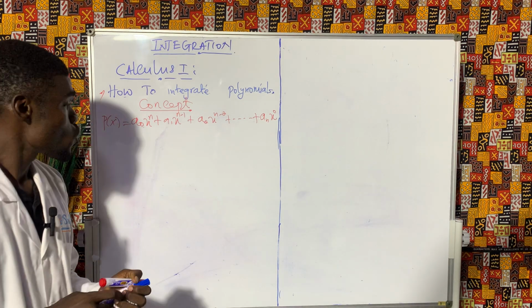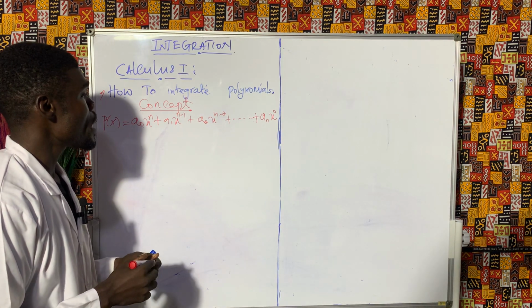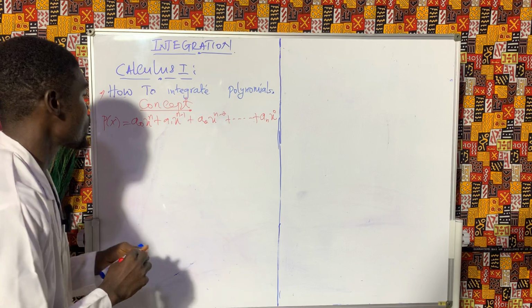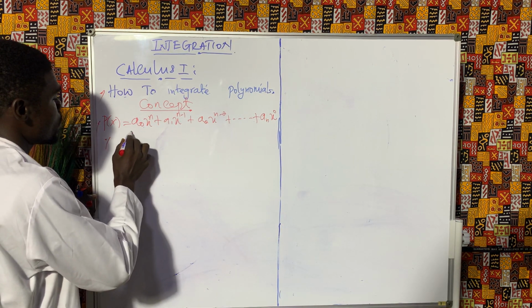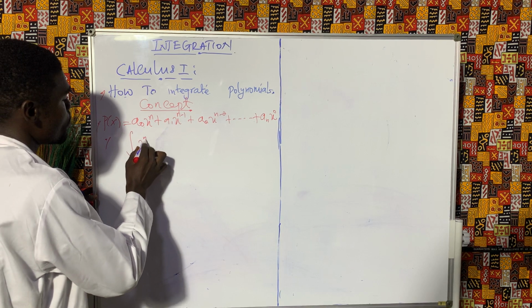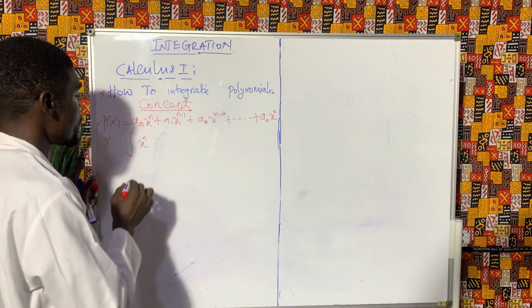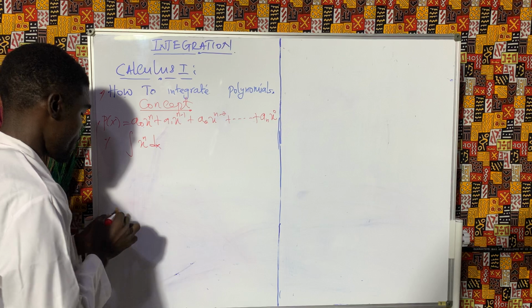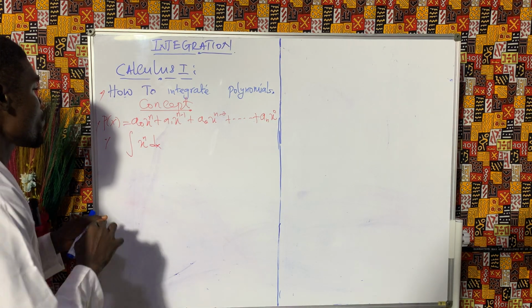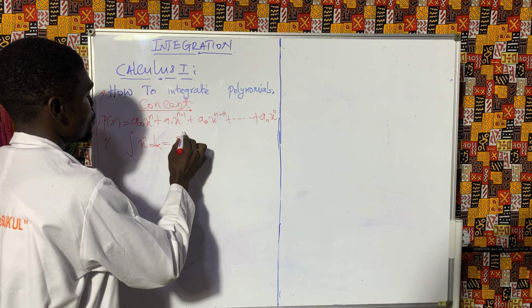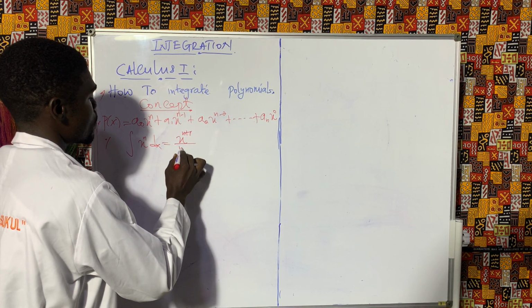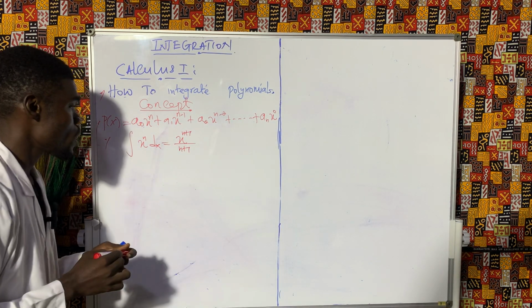Again, we remind ourselves that the integral of any polynomial function of this nature with respect to x can be characterized by x to the n plus 1 over n plus 1.